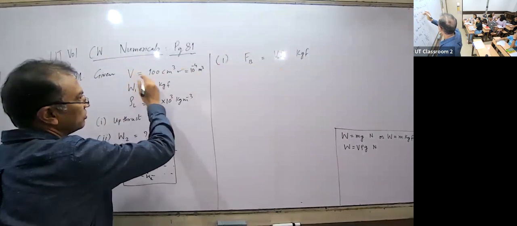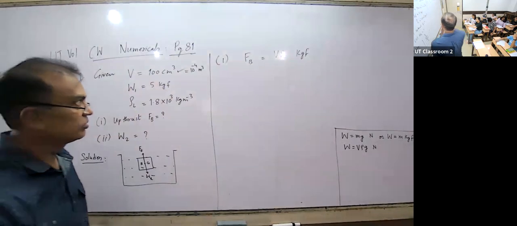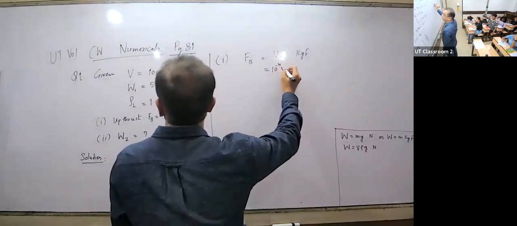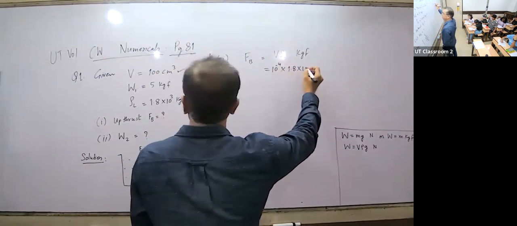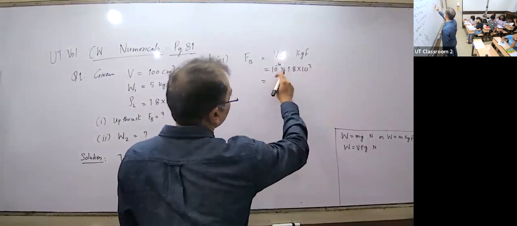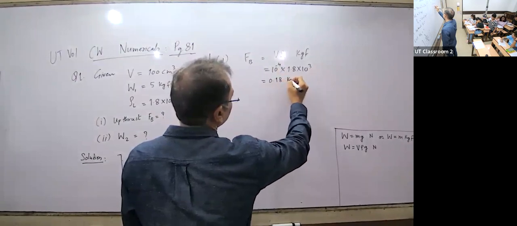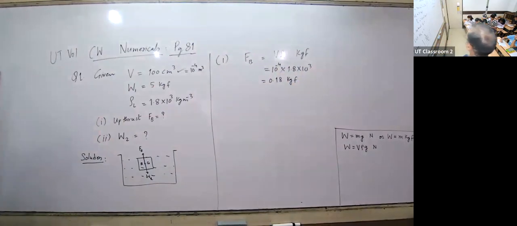Right now, this will be 10 raised to minus 4 into 1.8 into 10 raised to 3. So how much will it be? 0.18 kgf. So the upthrust is 0.18 kgf.